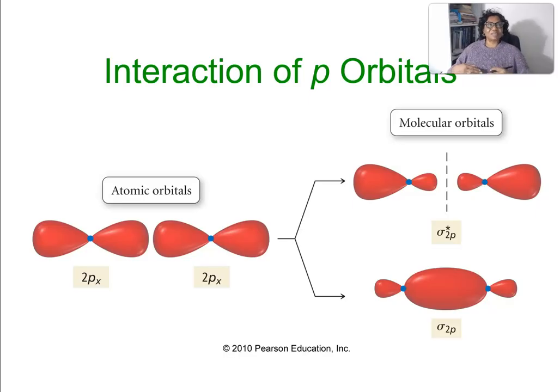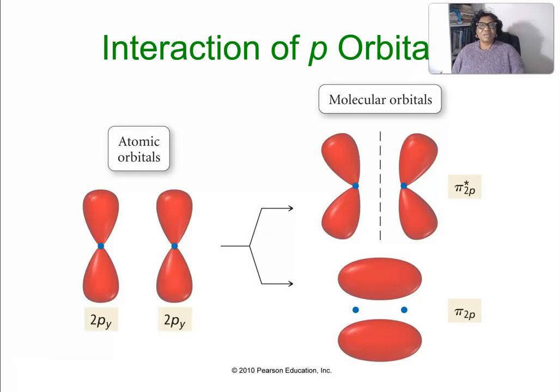So they are interacting head-on. Then when they interact sideways, they form pi molecular orbitals, bonding pi and anti-bonding pi molecular orbitals. See, they interact this way.